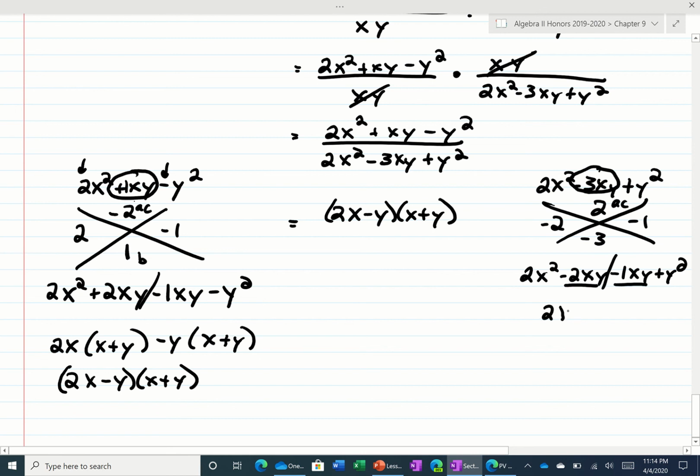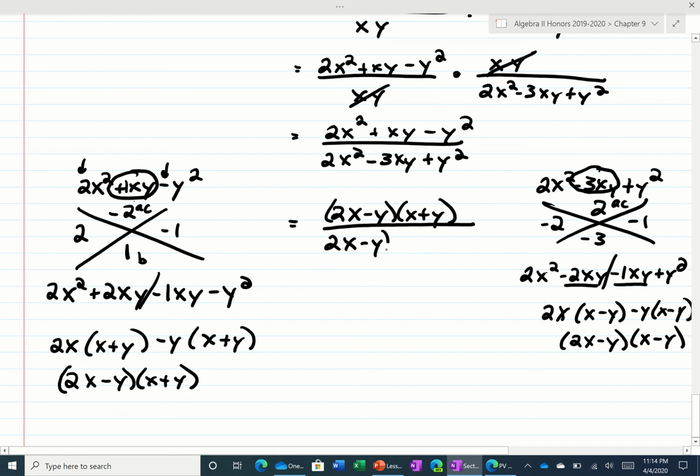We could take out a 2x, and we're left with x minus y. Take out a negative y, we're left with x minus y. So the bottom factors to be 2x minus y times x minus y. These will cancel. So our final answer is just x plus y over x minus y.